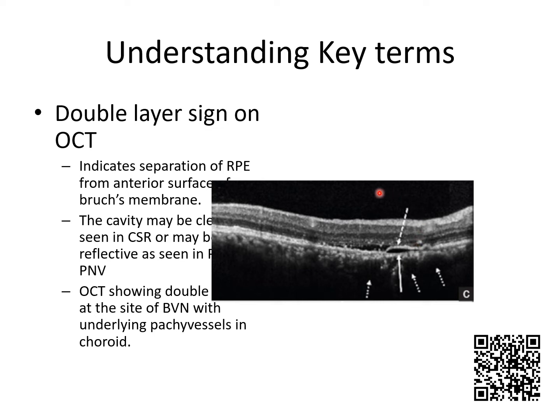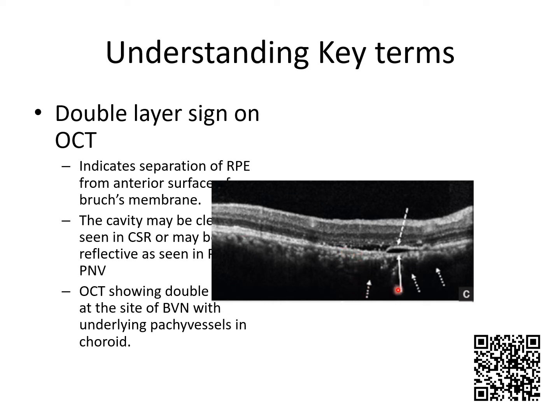Now here in this image we can also appreciate that this is the retinal pigment epithelium which has been elevated. This is the anterior layer of the Bruch's membrane, which is indicated by this white arrow, and we can also make out these large blood vessels and compression of choriocapillaris when you compare it to the rest of the area where the choroid is thinner and it has a proportion of choriocapillaris abutting the Bruch's membrane.